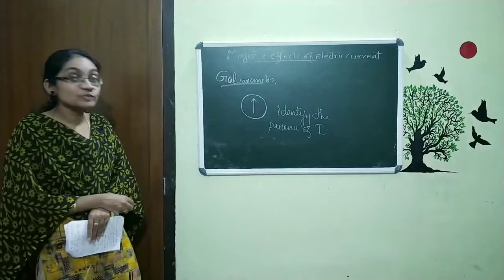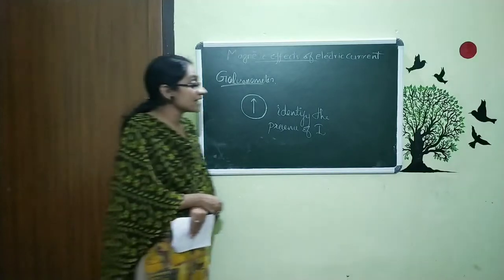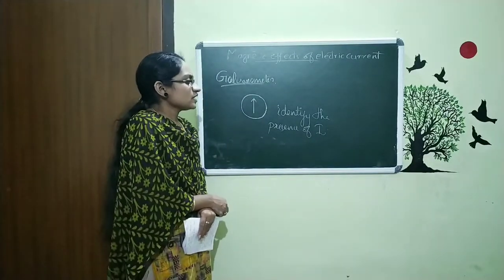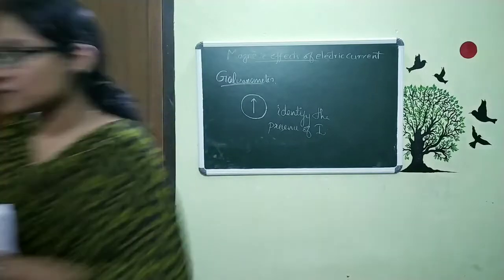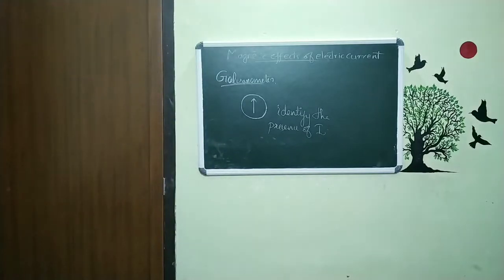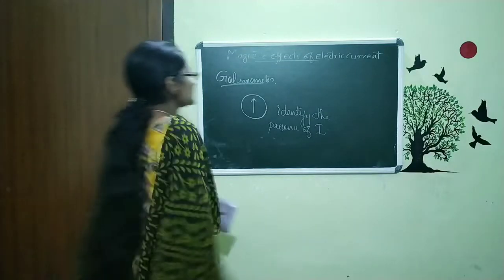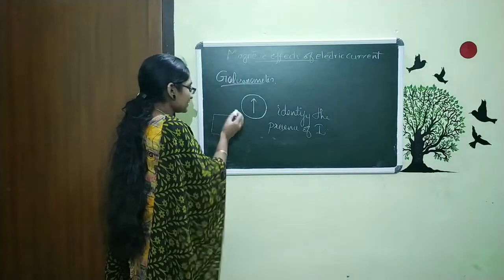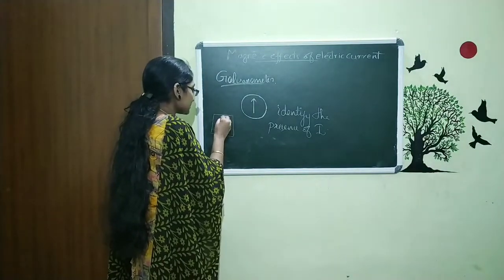You can see the diagram of the galvanometer on page number 234 in one yellow column. You can see that it is in a particular shape and has a meter there and one needle.